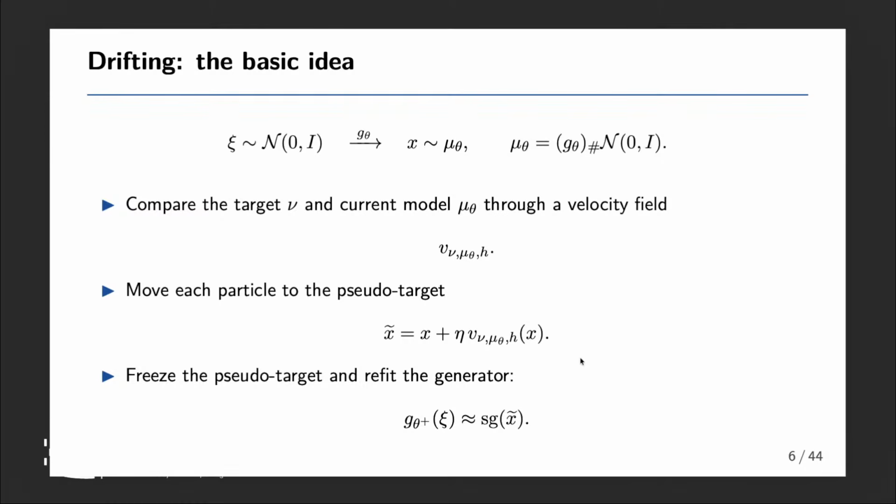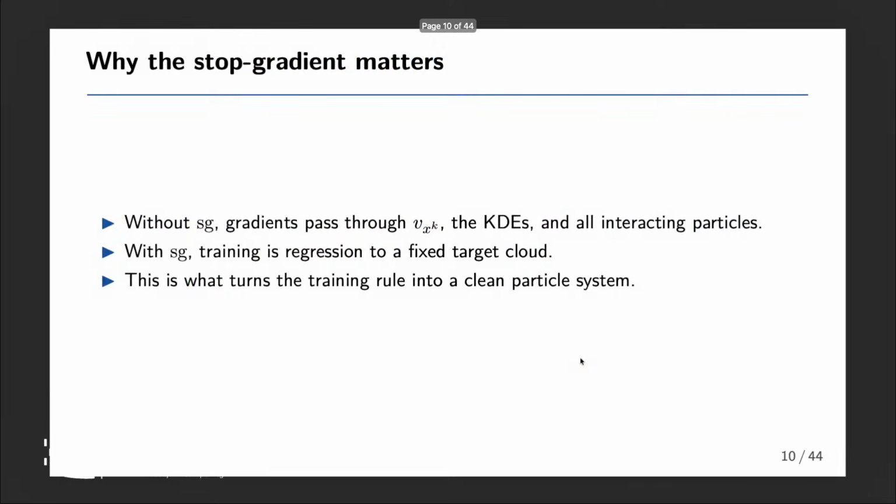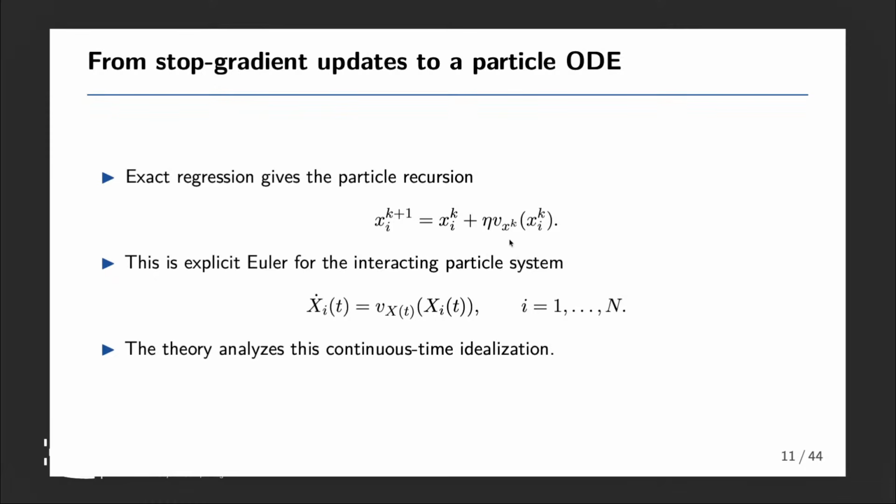So in reality, you will not have the true current density. So what you do is you will do a KDE to estimate the true current density, and that's where the interaction is going to come from. So basically, when we are talking about the particle version, I'm going to be indexing the velocity field with the x k just to denote that you are working in the KDE version of the velocity field, right?